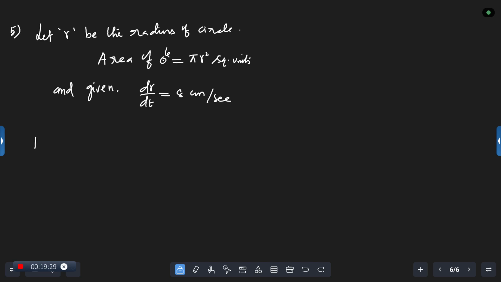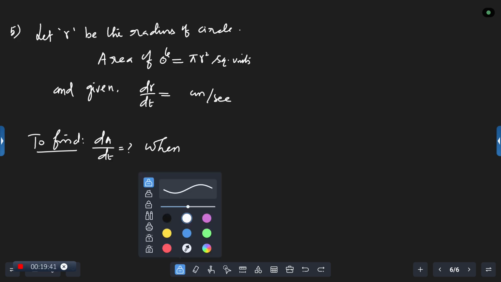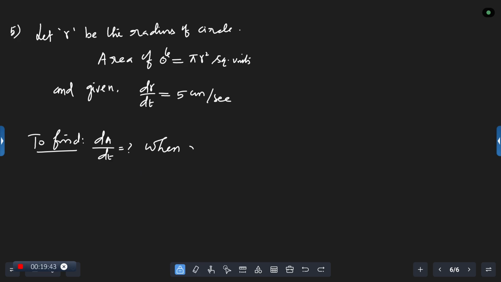To find, what is that? dA by dt when r equal to what? 8 centimeter. Here only 8 centimeter, correct? Yes. Now, we may call it equation number 1.